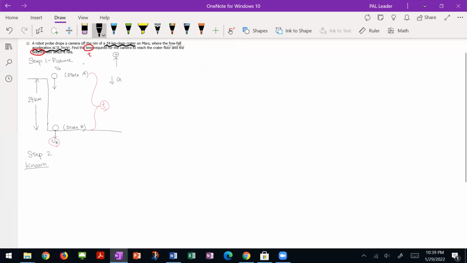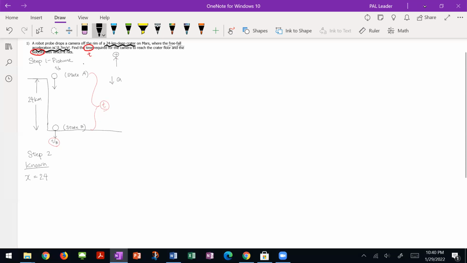First thing, we know that the distance this camera traveled is 24 kilometers, but be careful about kilometers. Okay. The distance that the camera travels is 24 kilometers.